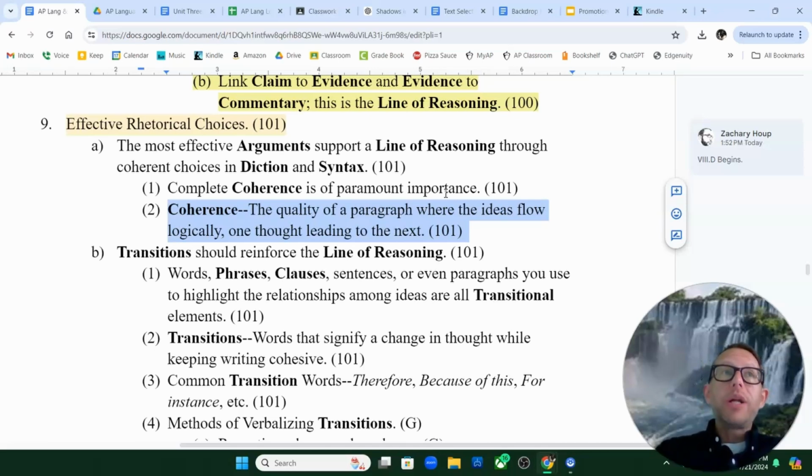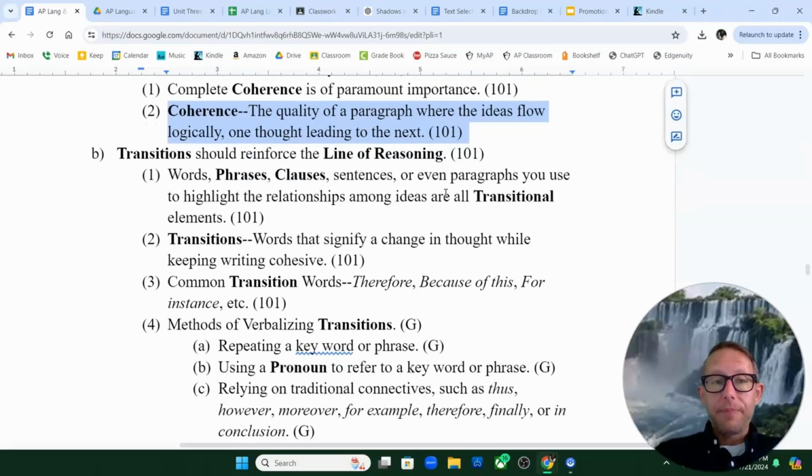So no matter what kind of innovations you think you might be doing with your word choice and word order, that comes secondary to just making sure everything comes together appropriately. It makes sense. The ideas lead from one to another, and there's this natural flow that satisfies our logic as an audience, okay? So those are the big things there.